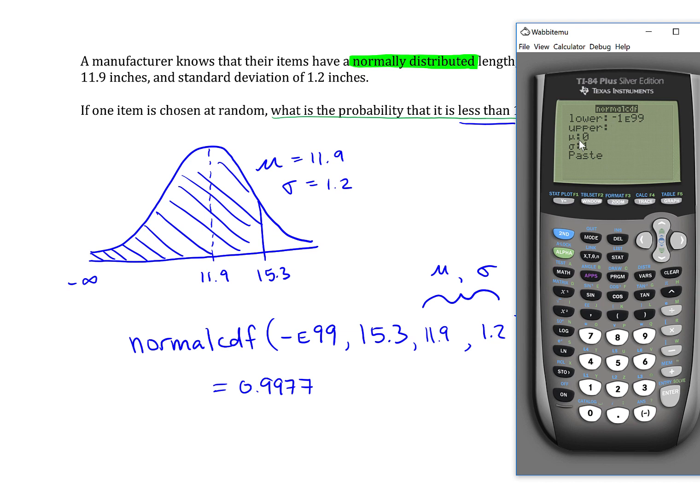Either way, it's going to put the values into the function. So, the lower value, negative infinity, upper value, 15.3, the mean is 11.9 and the standard deviation is 1.2. Hit paste and you'll see that it just types it in exactly as we did it in the previous example. So it's just a helper function, that's all.